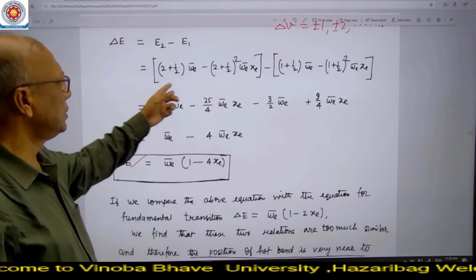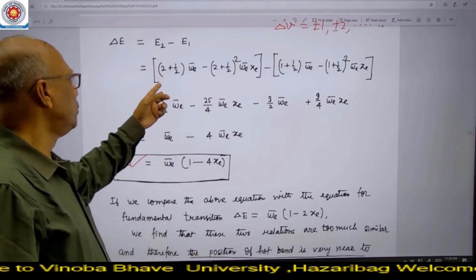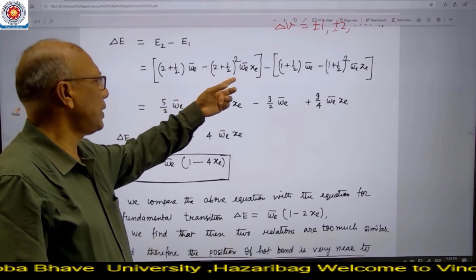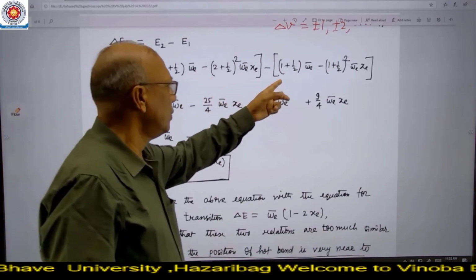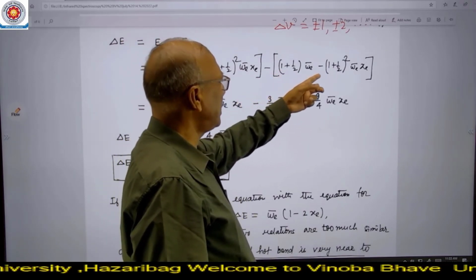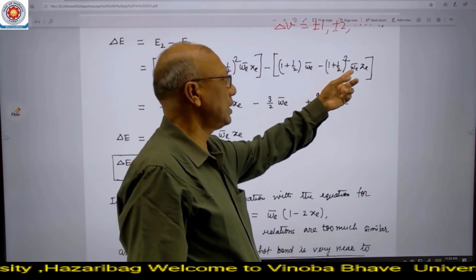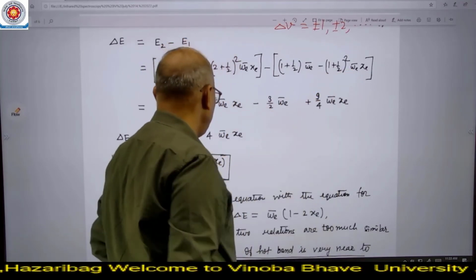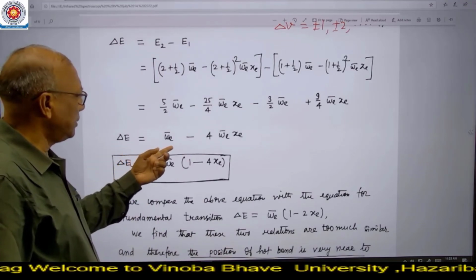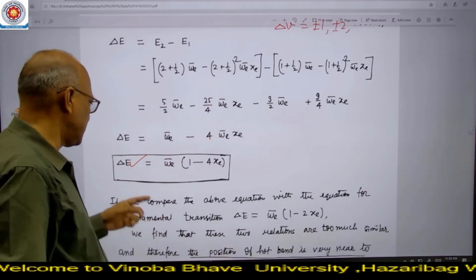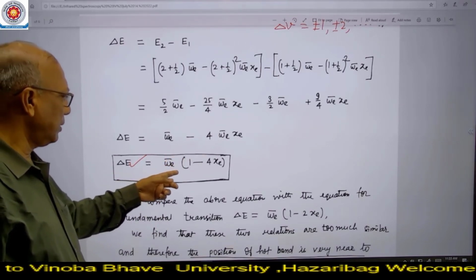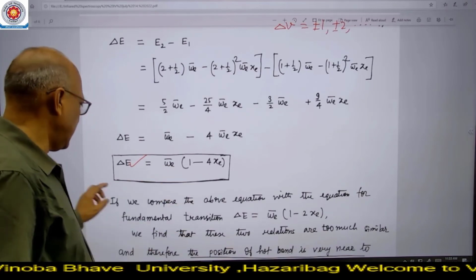Using equation 14 we can write (2 plus half) omega e bar minus (2 plus half) whole square omega e bar Xe, minus, because this is the lower energy level, (1 plus half) omega e bar minus (1 plus half) whole square omega e bar Xe. When we solve we get delta E equal to omega e bar minus 4 omega e bar Xe, and taking common we get omega e bar in bracket 1 minus 4 Xe.